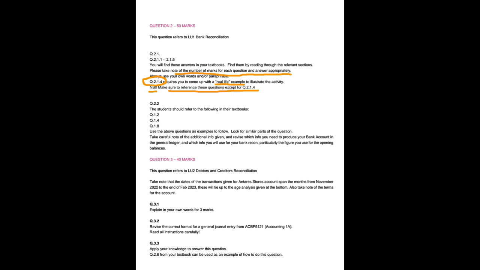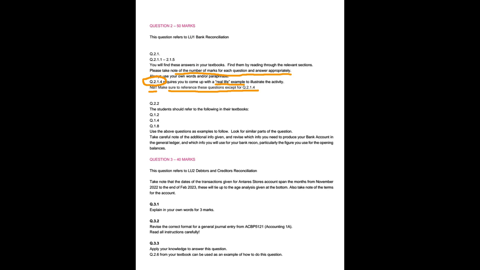Then question 2.5, you've got a summary of cash book receipts and cash book payments, and you have got a bank statement and some other additional information given. And there are 3 parts to this question, 2.1, 2.2, and 2.3.